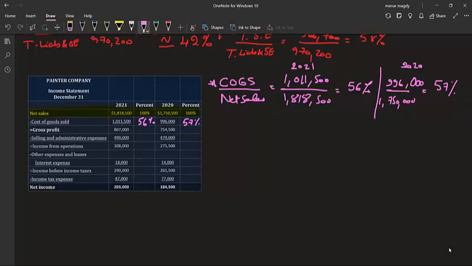The gross profit divided by the net sales equals to 807,000 divided by 1,818,500. You get 44%.